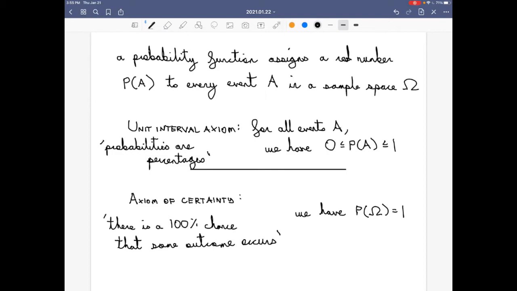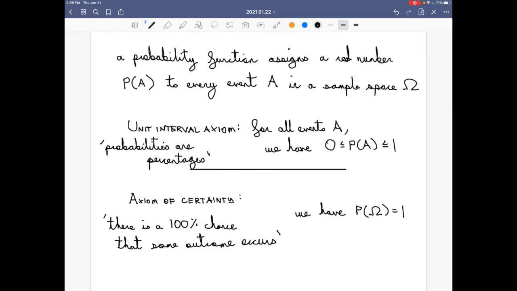So literally by the hypothesis in our intellectual formalism, we've forced ourselves to acknowledge this axiom that the sample space contains all the events, and so something has to happen. That doesn't make sense if you do an experiment and you just say, oh, nothing happened. Something has to happen. So we're saying that the probability of something happening is 1. There's 100% chance that some outcome occurs.